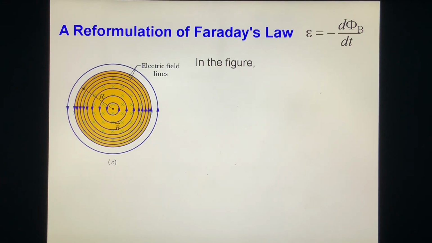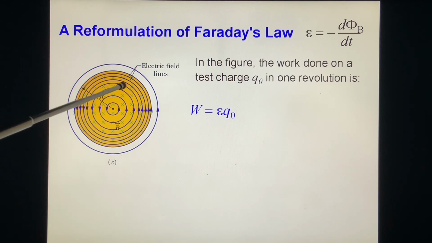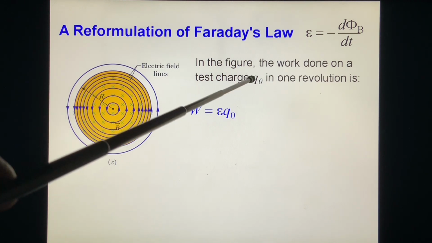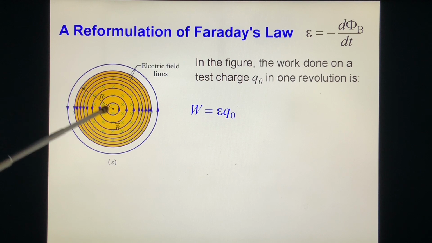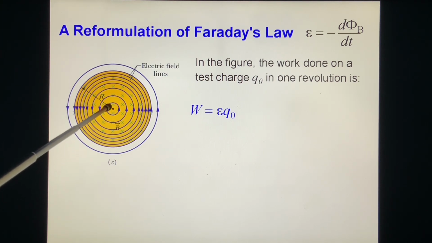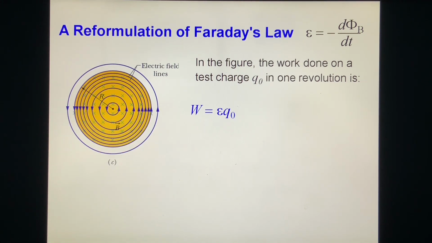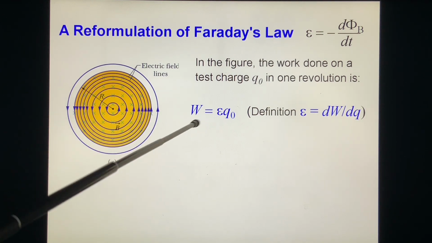Well, look at this. In the figure, the work done on a test charge Q0 in one revolution around this loop, we'll put the Q0 around it. So the work done by the induced field is epsilon Q0. This is by definition, okay?